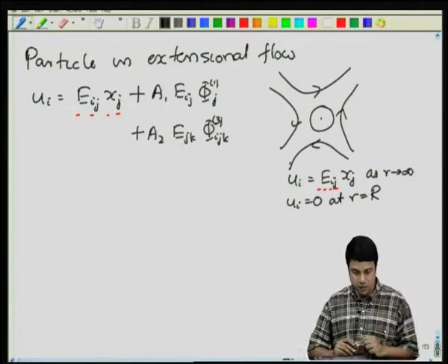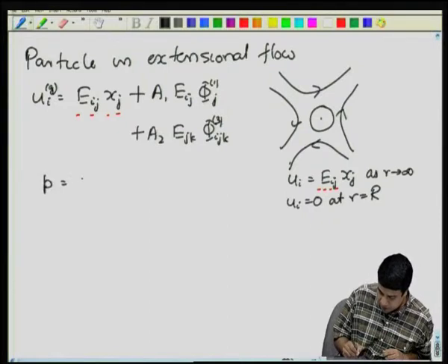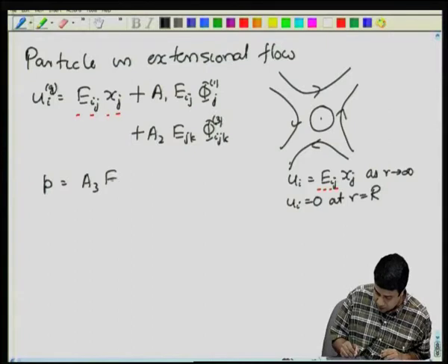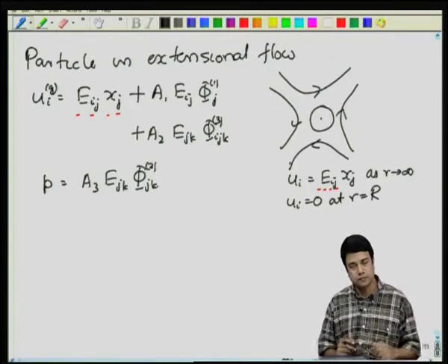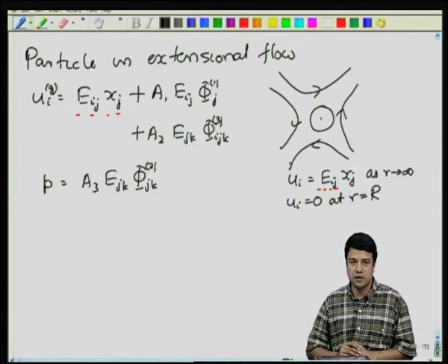So, that is the general part of the velocity field. The pressure is equal to A3, it has to be linear in E. The only way you will get a scalar is to double dot it with the second order tensor decaying spherical harmonic.